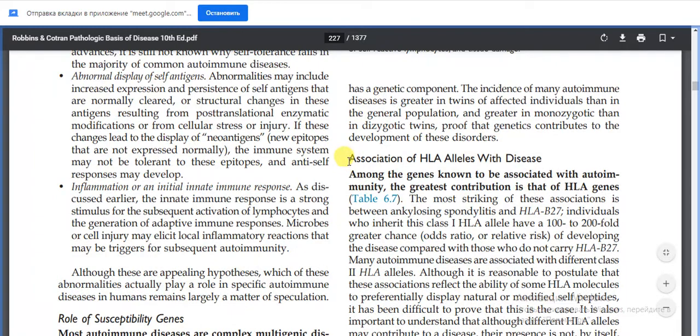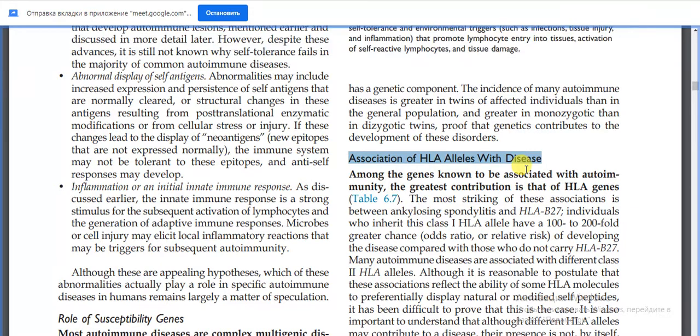Then there is the association of HLA alleles with disease. Among the genes known to be associated with autoimmunity, the greatest contribution is that of HLA genes. You remember the MHC complexes, they are controlled by HLA genes.